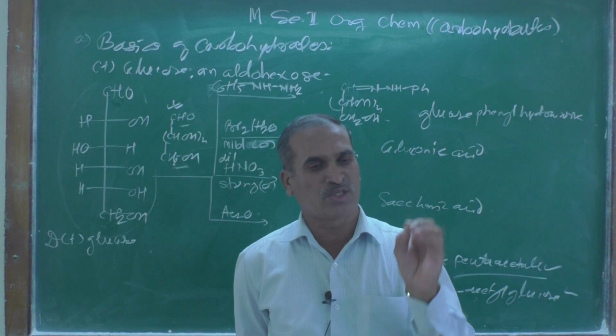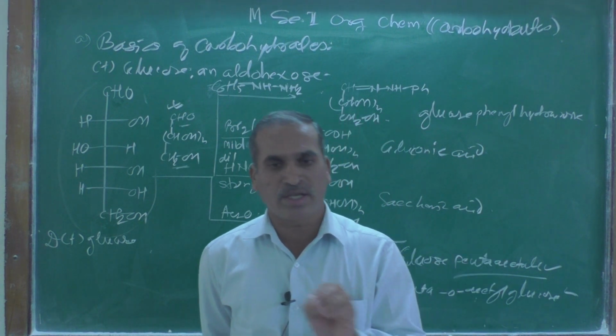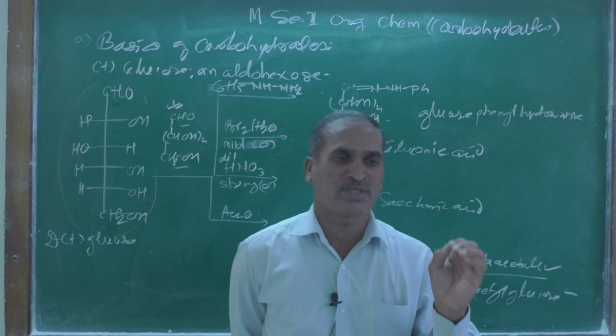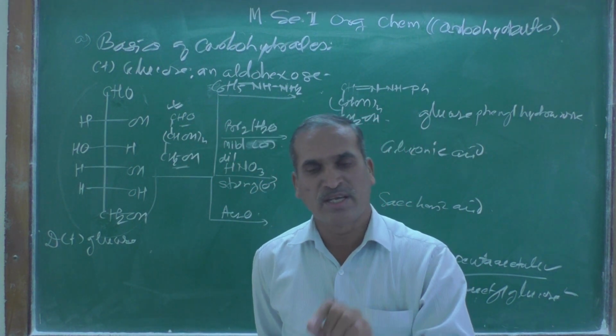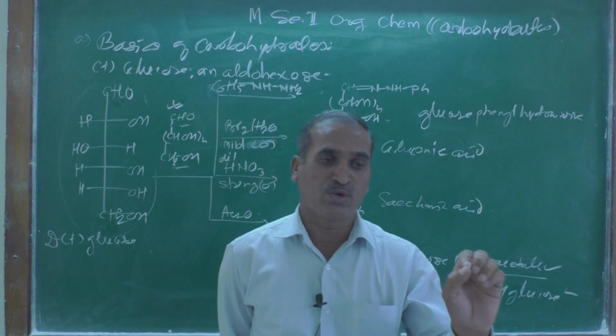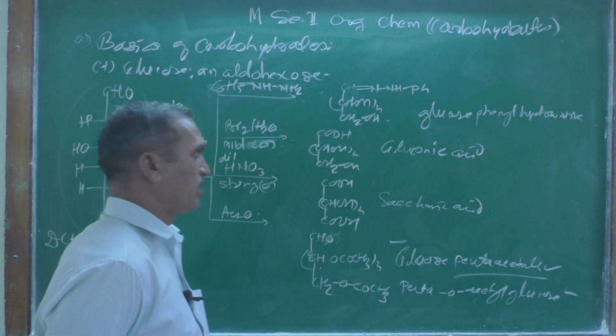When you treat this glucose with acetic anhydride, it forms pentaacetate glucose, and this clearly infers that glucose contains 5 hydroxyl groups. So that is the reaction we have seen over here.